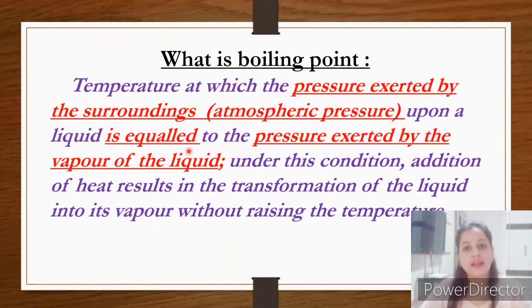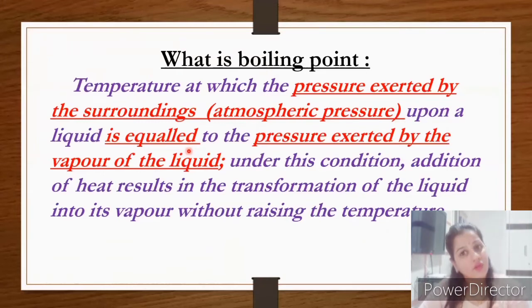Now, if we are taking a liquid in an open container, then these molecules exert a pressure on the liquid. This pressure is called the atmospheric pressure, and when it becomes equal to the pressure exerted by the vapors, we all know that a volatile solute creates a vapor pressure.